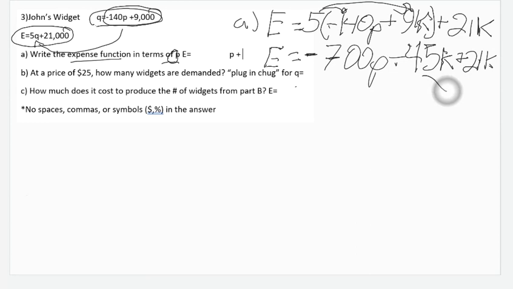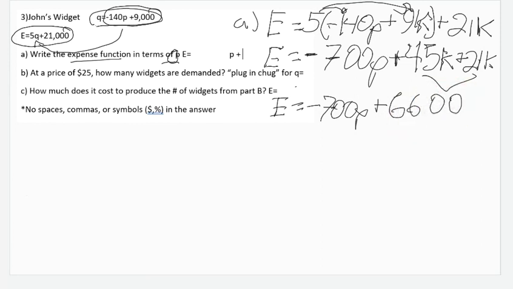We're going to combine like terms, so we add these two together. E is equal to negative 700P plus 66,000. That would be our equation for A, our final answer for this one.